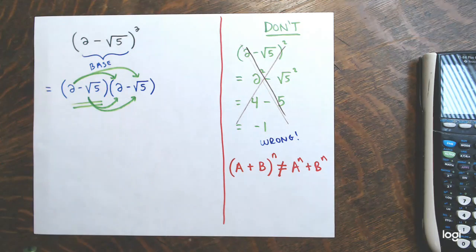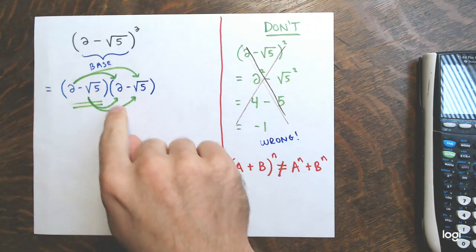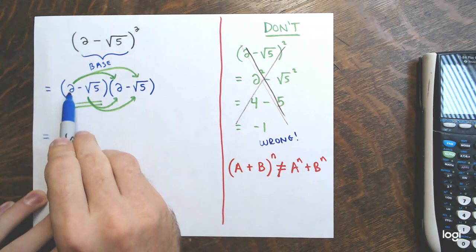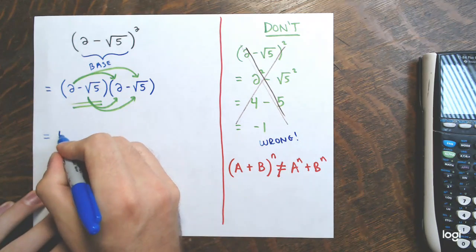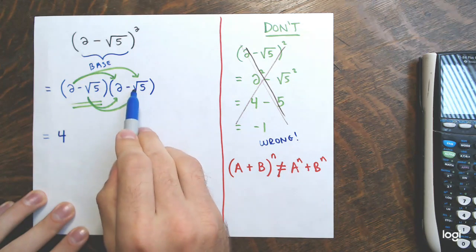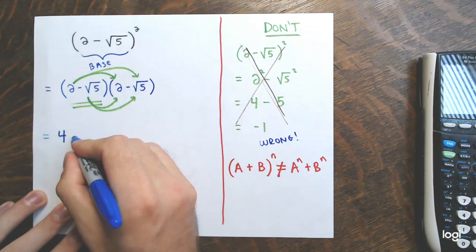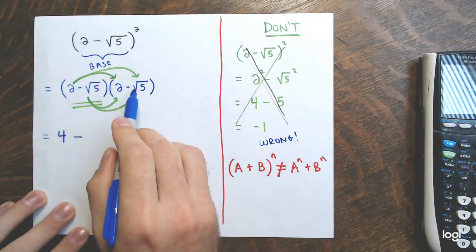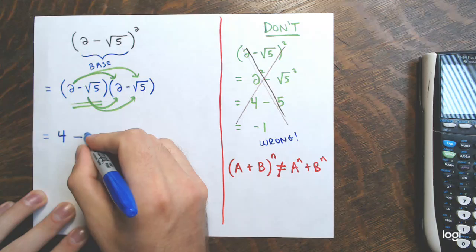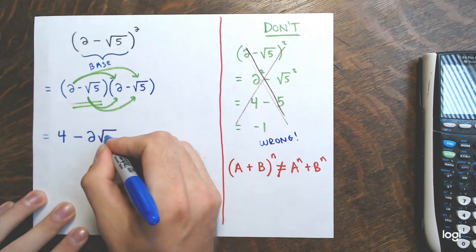Let's see what 4 terms we get here, because I've got to see 4 arrows. So the first term, I have 2 times 2, 4. Then a positive 2 times negative square root of 5, so that's going to be negative, right? Positive times negative. And then you just have 2 times the square root of 5, those factors in that term.